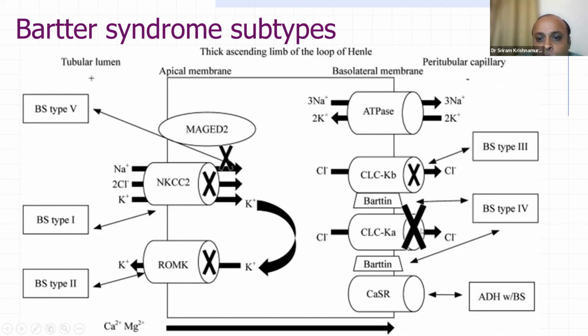Type 4 is due to mutations in the CLCNKA and KB. If you have both of them mutated, then it will be Bartter syndrome type 4B, whereas if it is only a Barttin mutation, it will be 4A. And as I told earlier, the calcium sensing receptor mutations are now separated out from Bartter syndrome, and they are classified as autosomal dominant hypocalcemia with hypercalciuria.